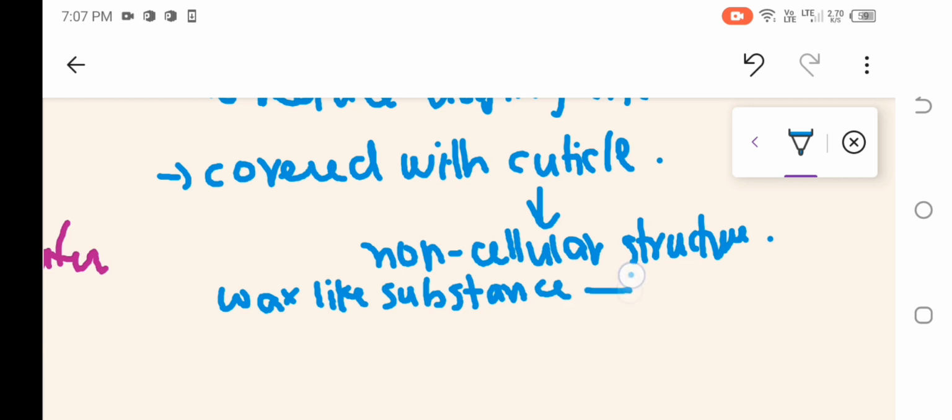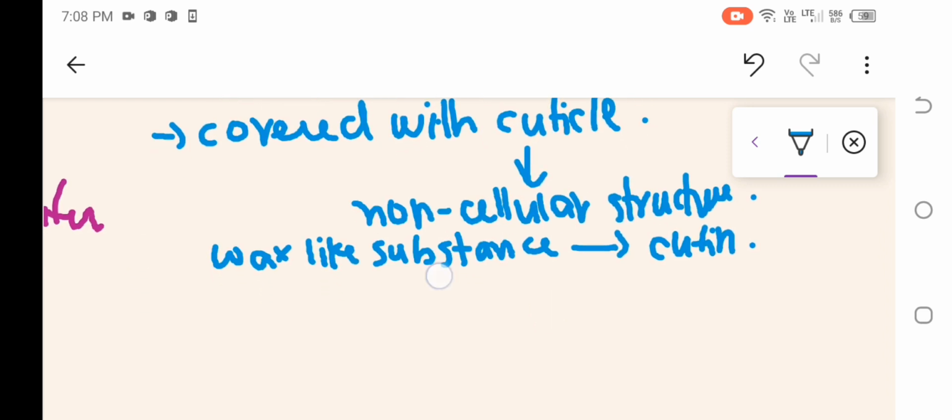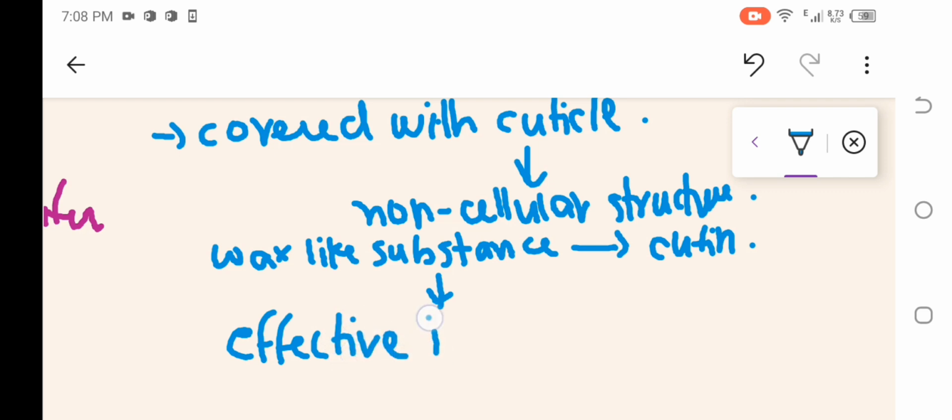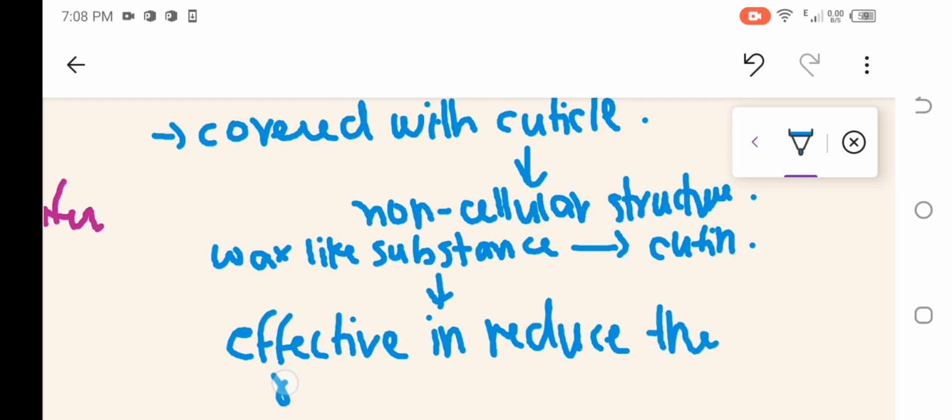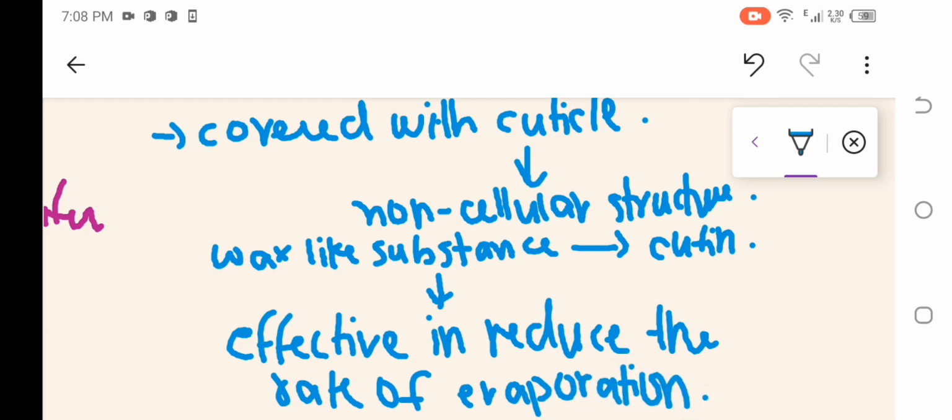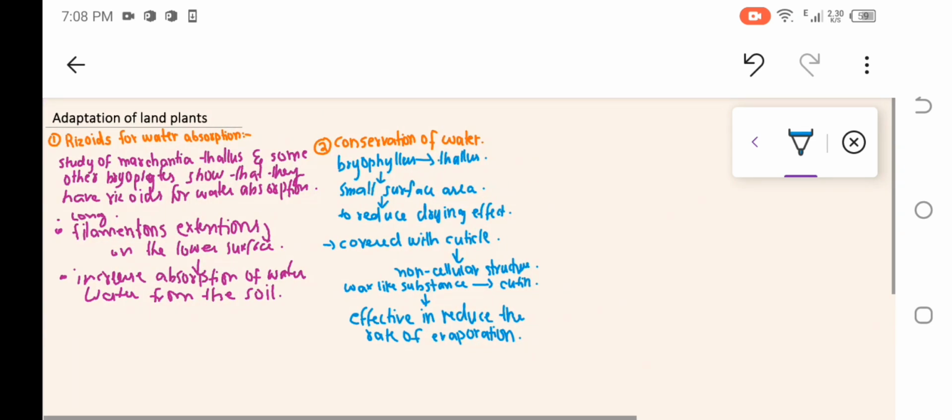It is very effective in reducing the rate of evaporation, so that water does not evaporate so quickly. Okay? I hope this second adaptation is also clear to you guys.